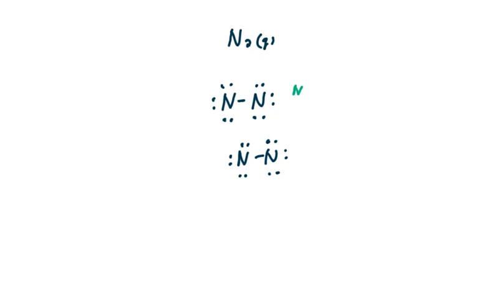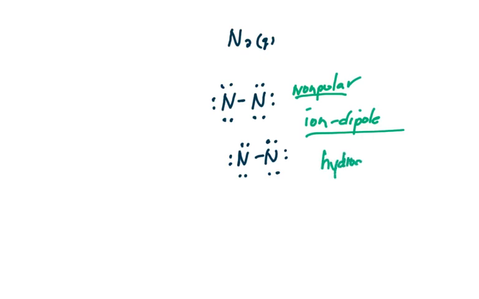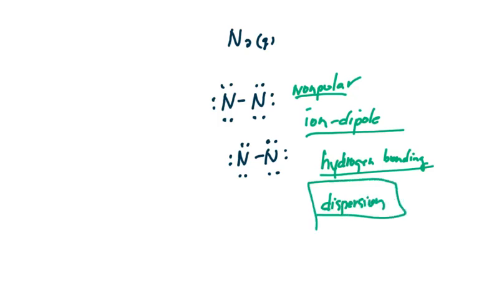Because this is nonpolar, it can't be dipole forces, right? It's nonpolar, symmetrical. It also cannot be ion dipole because neither is an ion. It can't be hydrogen bonding because hydrogen isn't even present. It has to be dispersion forces. Dispersion forces explains it.